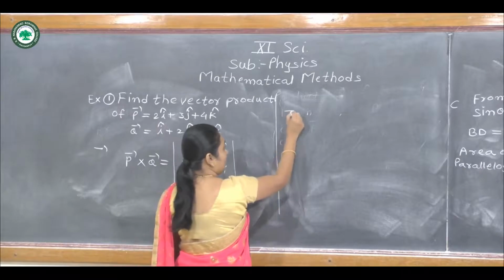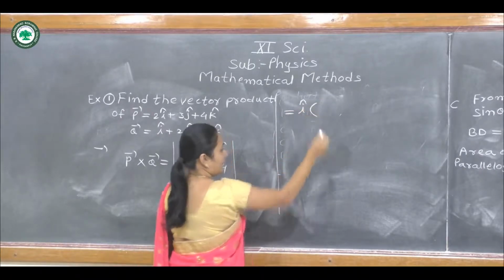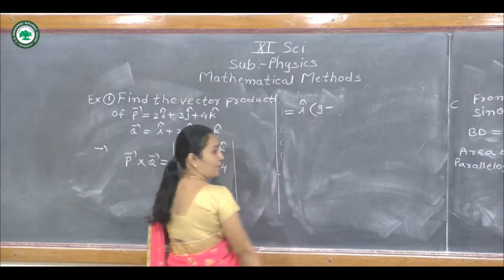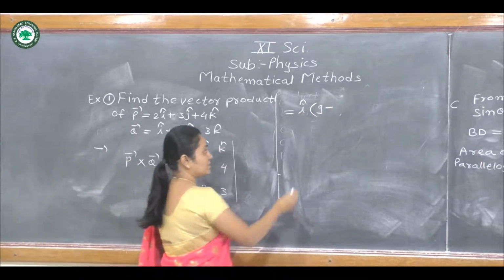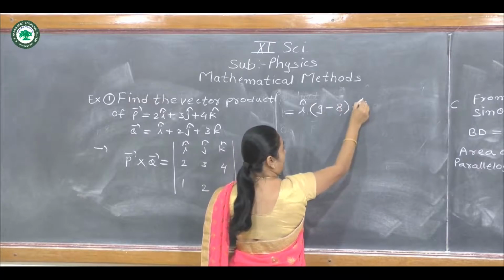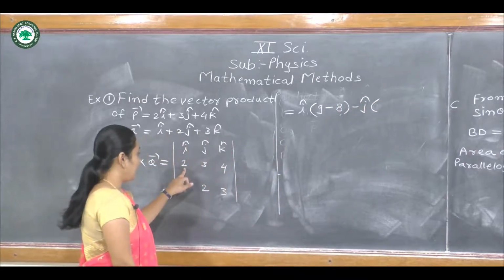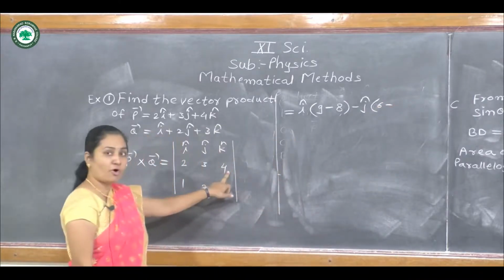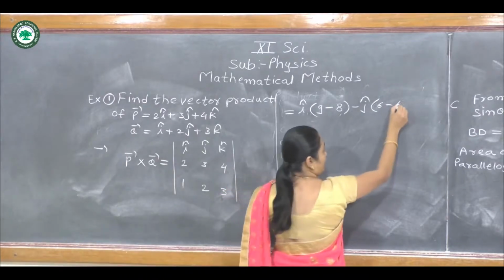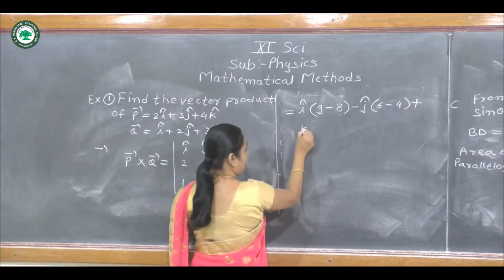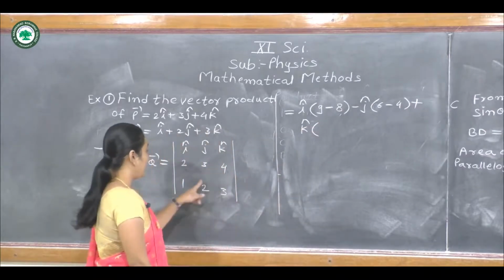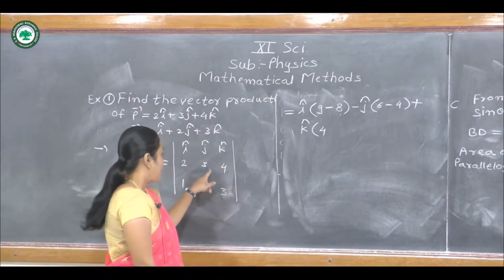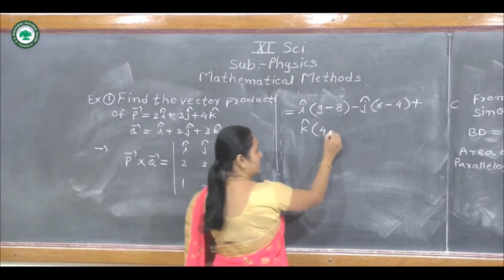So it is equal to i cap in bracket 3 into 3 is 9 minus 4 into 2 is 8, minus j cap in bracket 3 into 2 is 6 minus 4 into 1 is 4, plus k cap in bracket 2 multiplied by 2 is 4 minus 3 into 1 is 3.